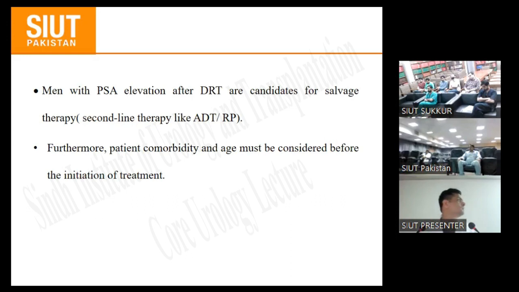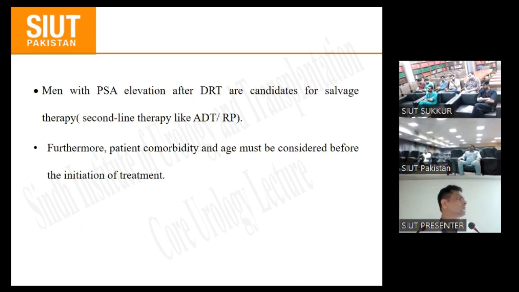radical prostatectomy. Now, what you do is after every 2 to 3 months, you follow your patient with serial PSAs, and you are on the lookout whether there is a value of PSA which comes up on your radar, on your screen.